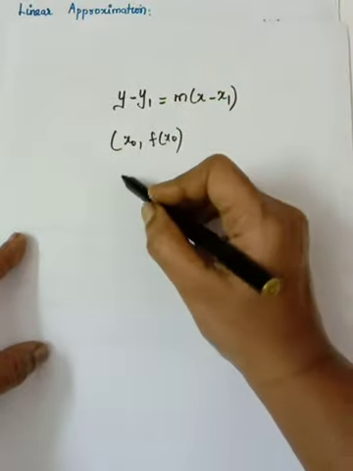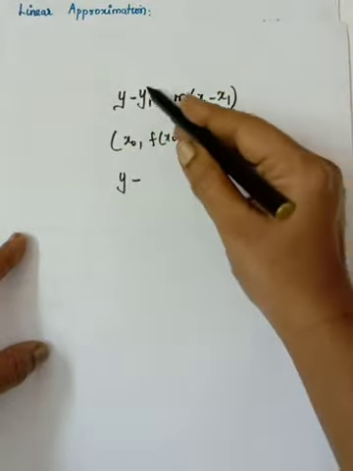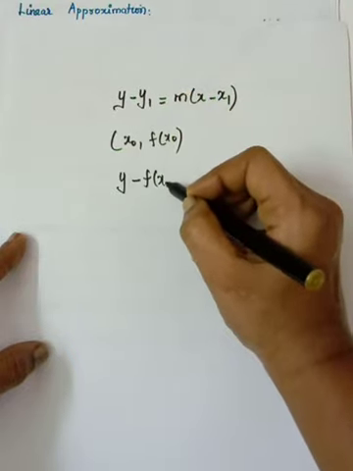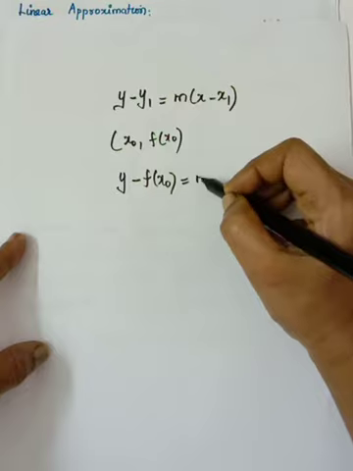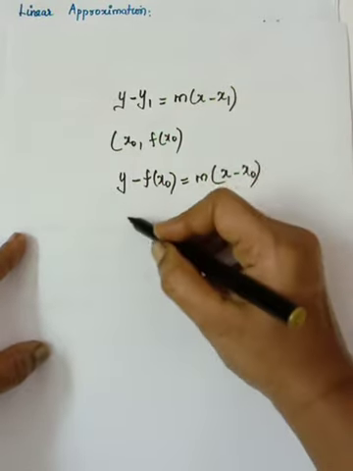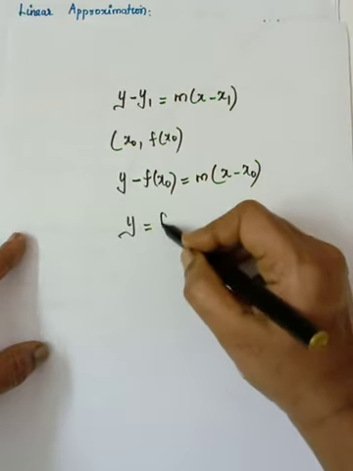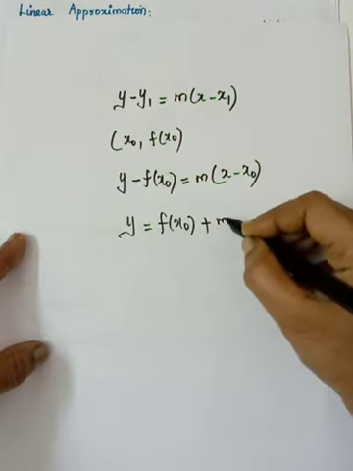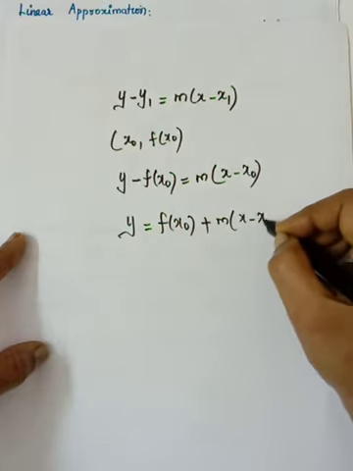Here, in place of y1 we have written f of x naught, so y minus f of x naught equals m into x minus x naught. Therefore y equals f of x naught plus m into x minus x naught.